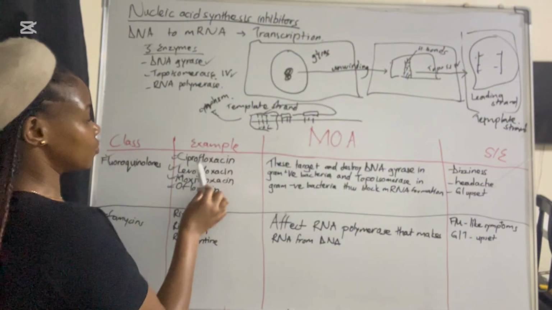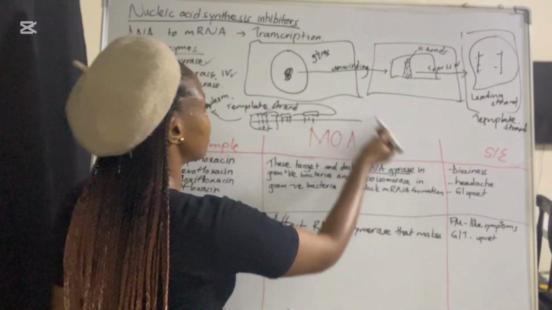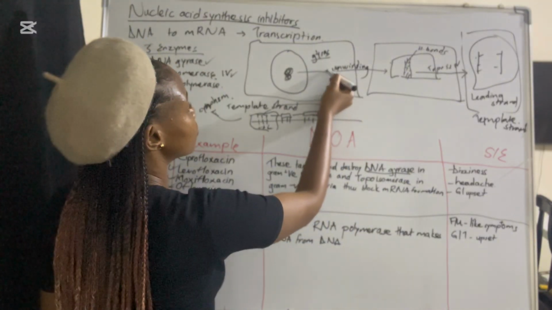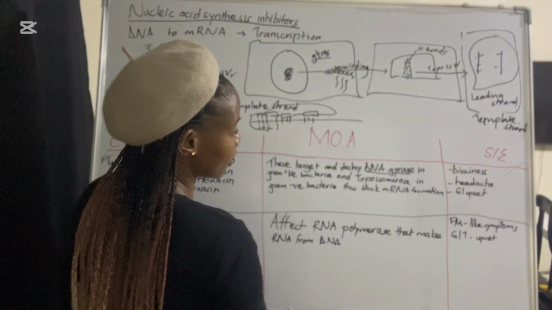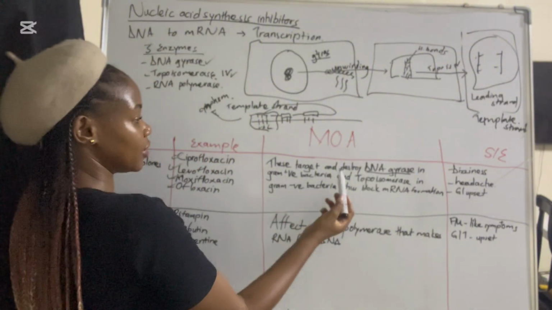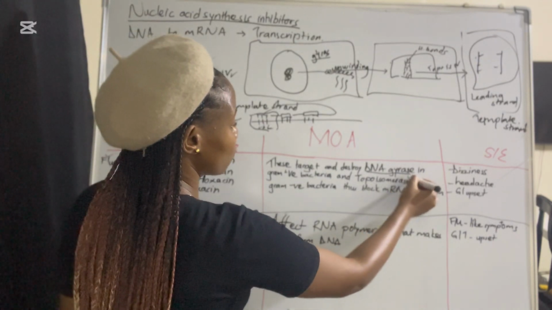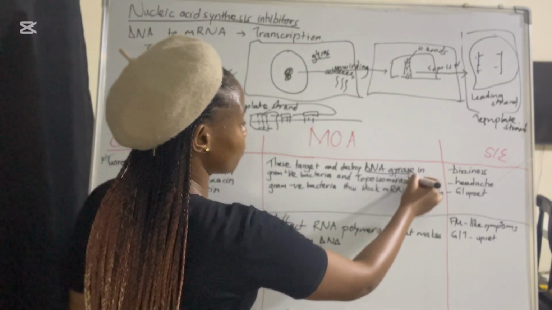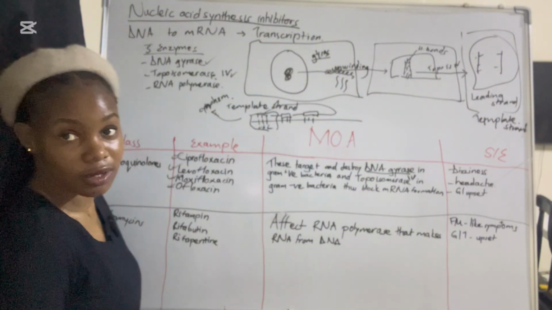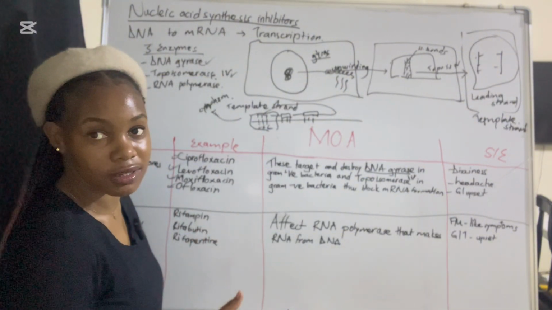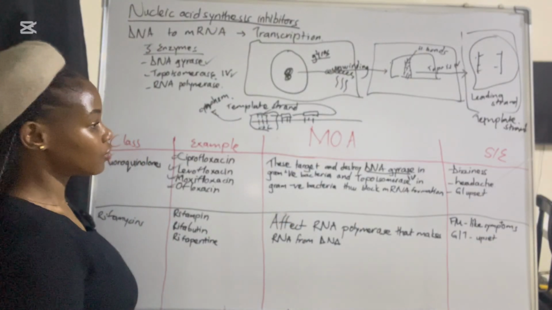These drugs are going to target and destroy the DNA gyrase. They are going to target the enzyme that is responsible for unwinding of the DNA, and they are going to also destroy the enzyme topoisomerase 4. Topoisomerase 4 is the one responsible for breaking down the hydrogen bonds, splitting into the leading strand and the template strand.